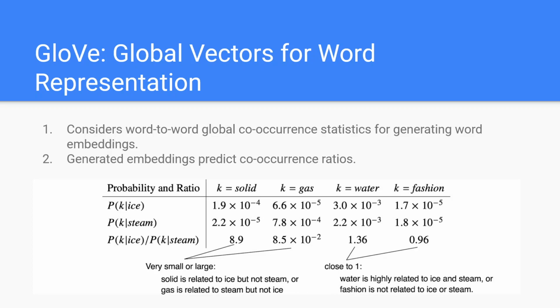Now we come to GloVe vectors, which stand for global vectors for word representation. There is a limitation of Word2Vec: it only considers a local context window and not a global context.